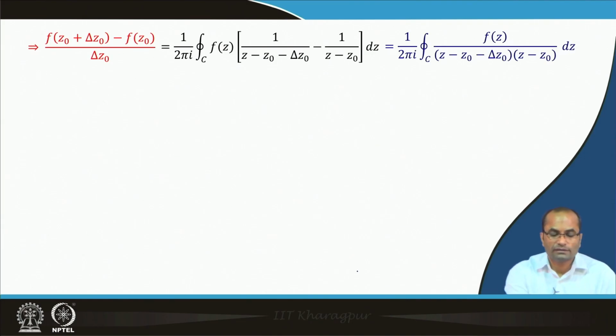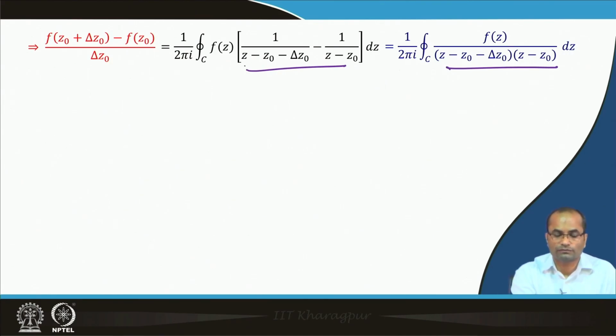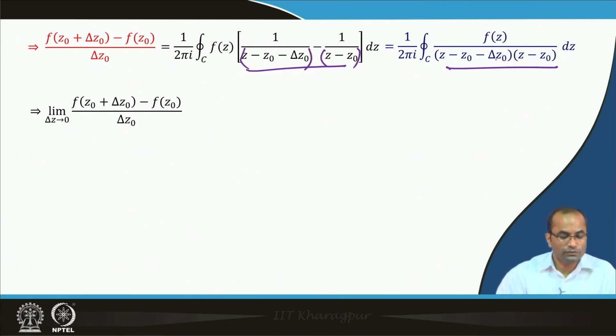We can simplify these two, taking the LCM, to get f(z) divided by the product of the two. So, 1 over 2 pi i, and f(z) over (z minus z0 minus delta z0) times (z minus z0).